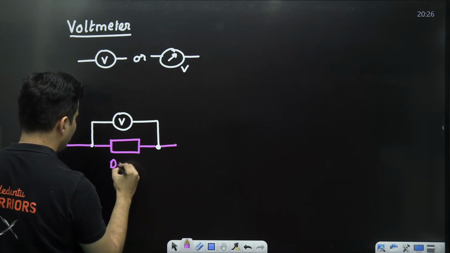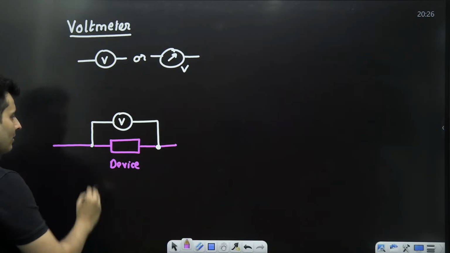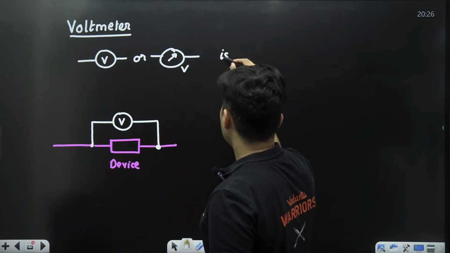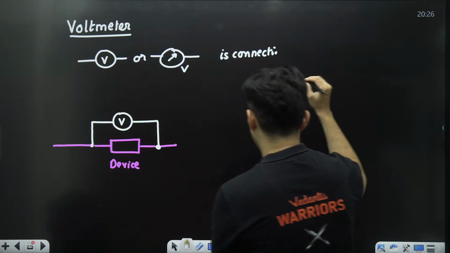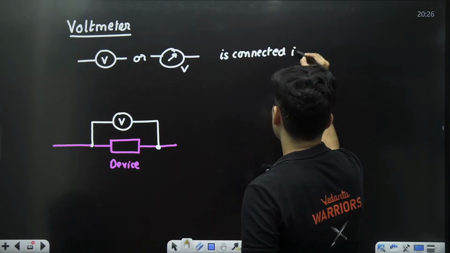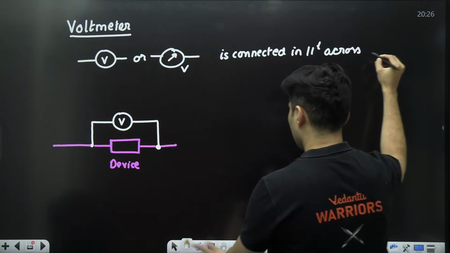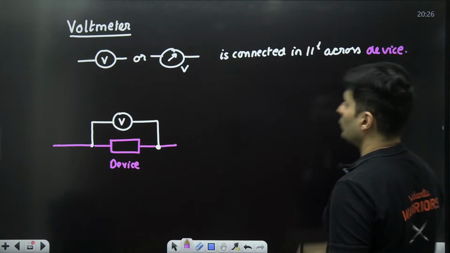So this is my device across which I want to measure the voltage difference. Because it is connected in parallel across the device which you want to measure the voltage.